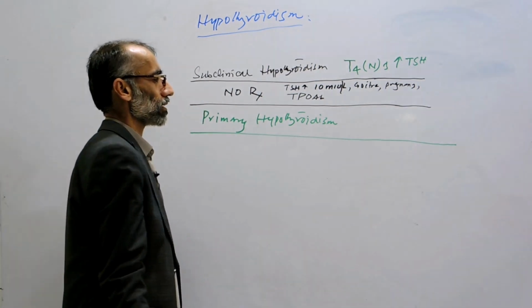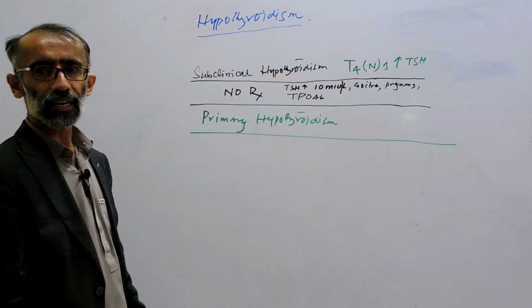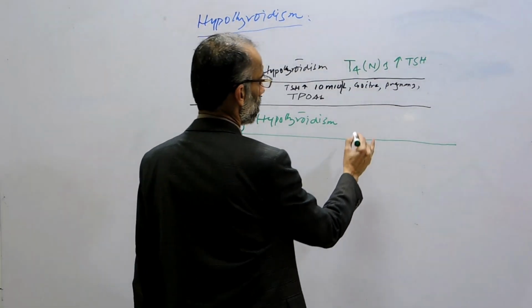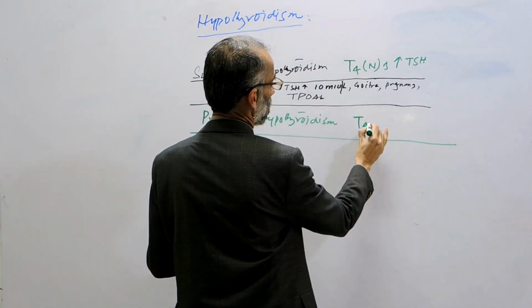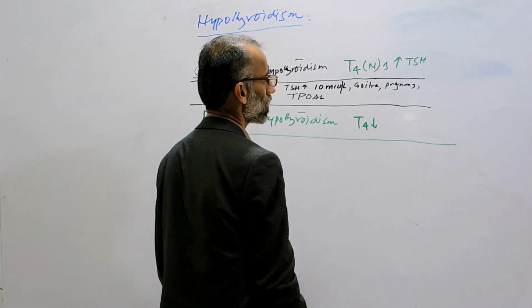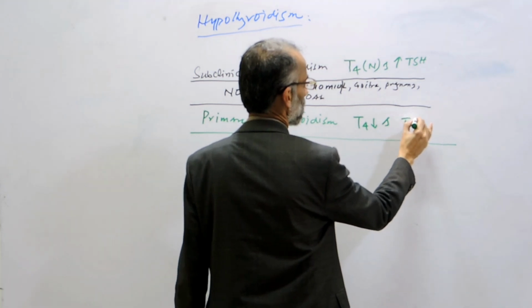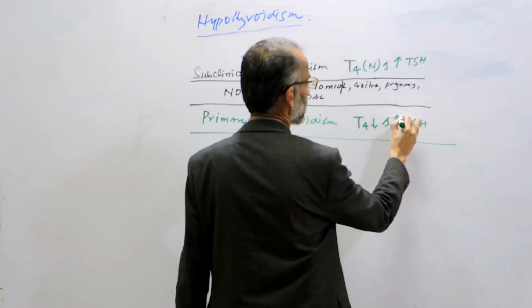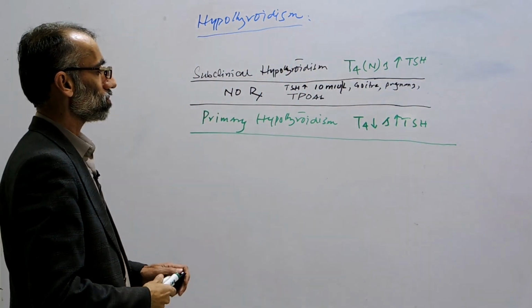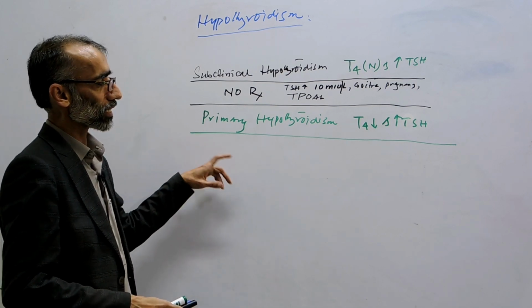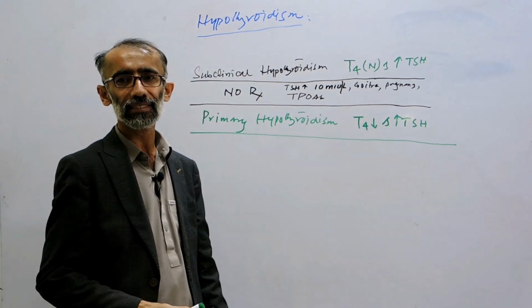Primary hypothyroidism is characterized by low T4 and elevated TSH.